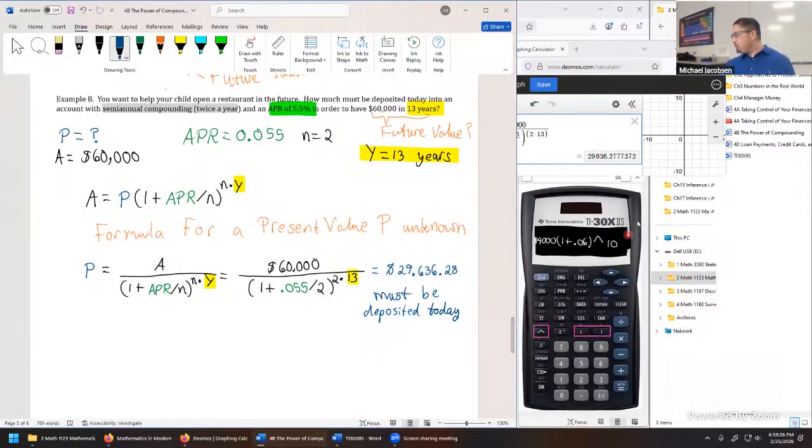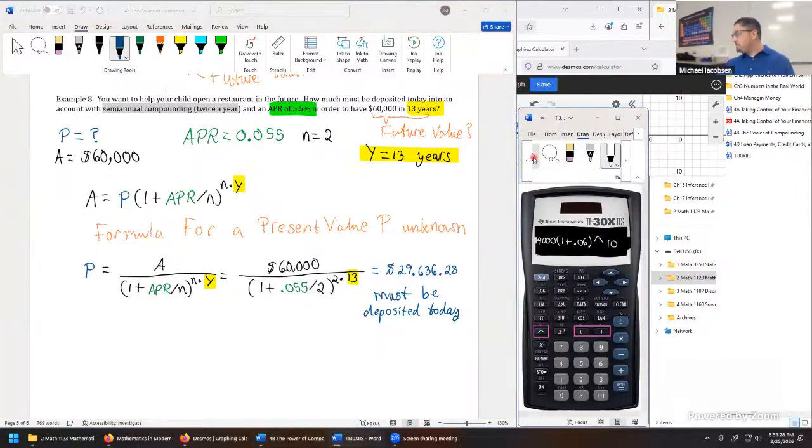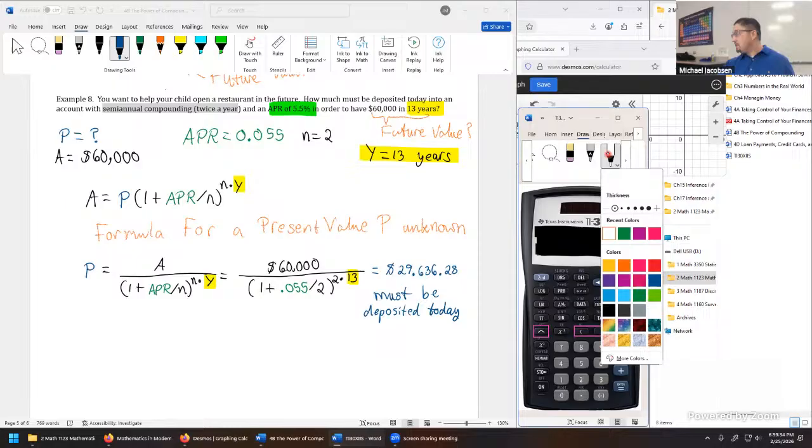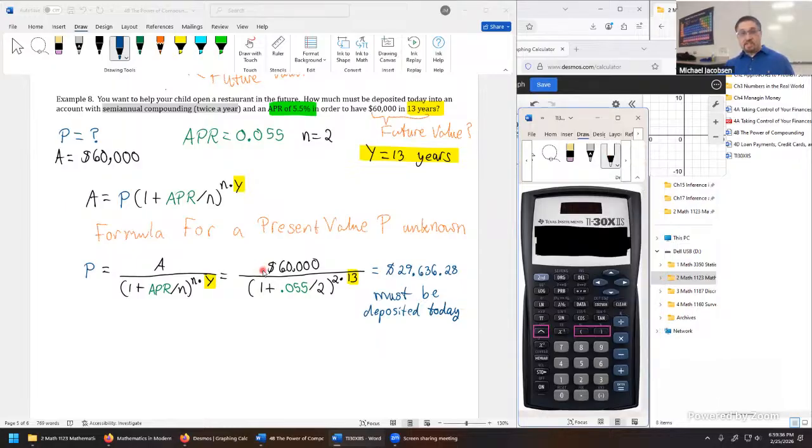Okay, and again, if you were throwing it into a calculator, say something like this one, here's about what it would look like. Start with the 60,000, no commas. Then immediately just punch the division key. And you're absolutely going to need parentheses, but we expected that.